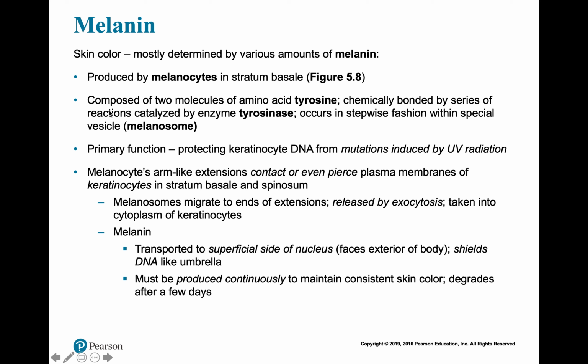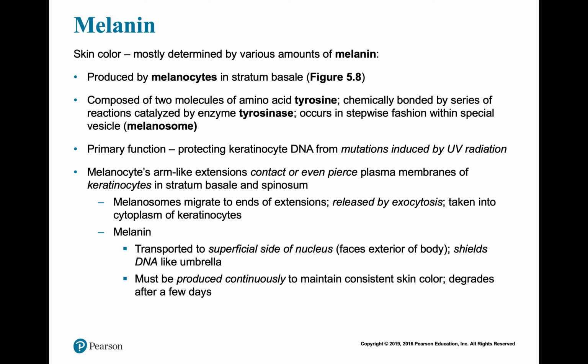Melanosomes are vesicles, a specialized type of organelle specific to melanocytes. Within that vesicle, there's this enzyme, tyrosinase, which carries out the chemical reactions necessary to convert tyrosine into melanin. And again, melanin is a pigment molecule, and it has the ability to absorb UV radiation.